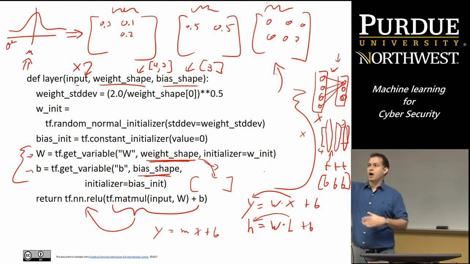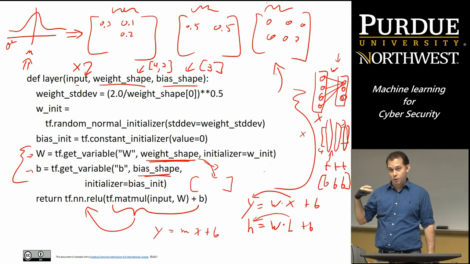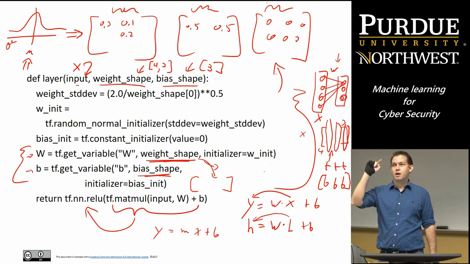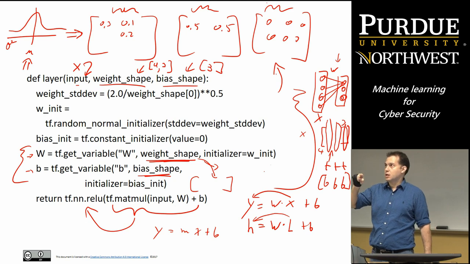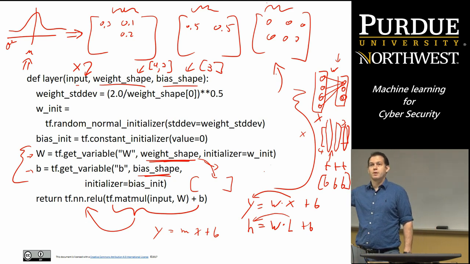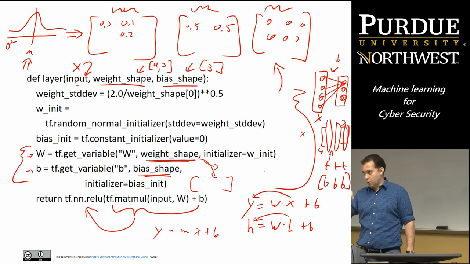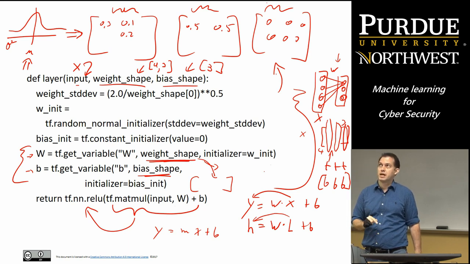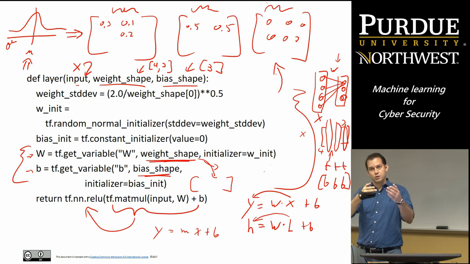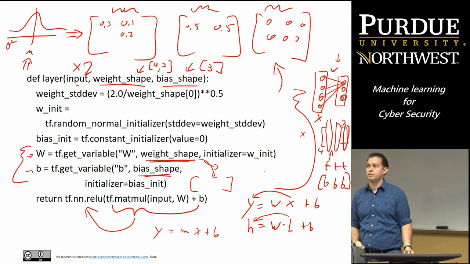So when you're building the architecture, you're going to say, all right, we're getting ahead of ourselves again here, but we're going to say hidden 1 is equal to layer x, I think, right? I can't remember. And then the next one, we're going to say hidden 2 equals layer hidden 1. And the next one is going to say hidden 3 equals layer hidden 2, and so on. That's what we're doing.